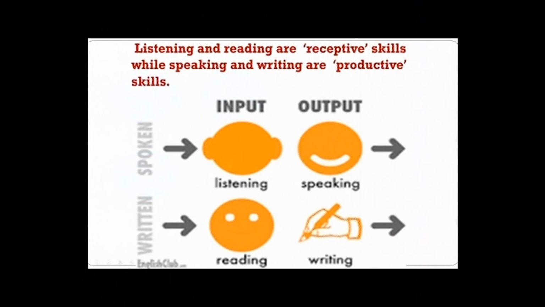For example, look at this diagram. Input skill is listening. You listen to the language, you listen to the pronunciation of a word, and then with practice you are able to speak that word. So input is listening and output is speaking.